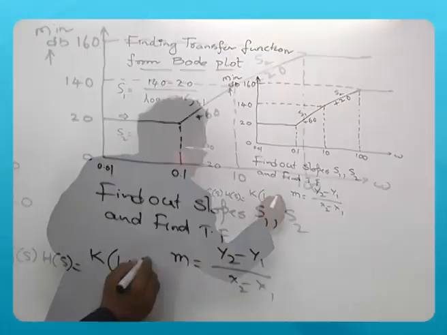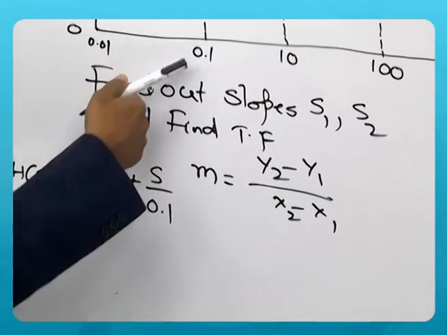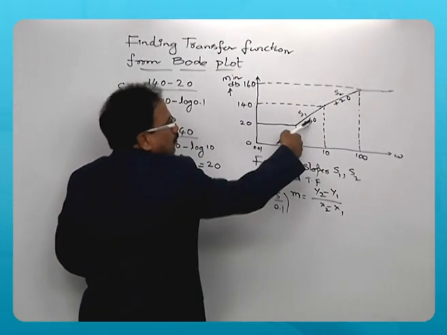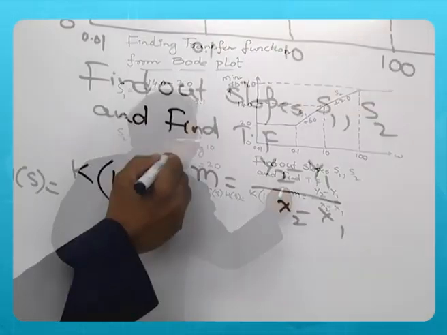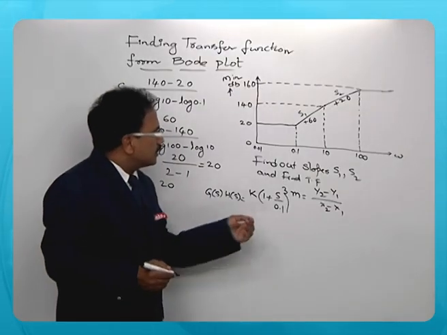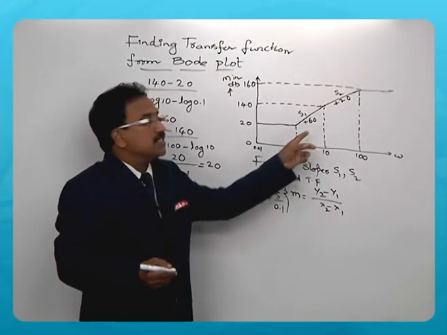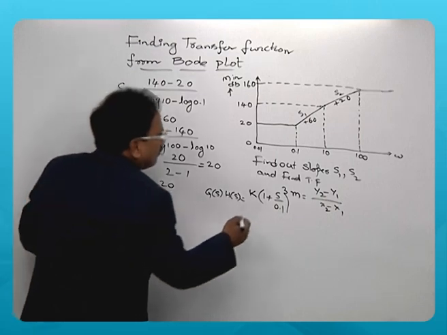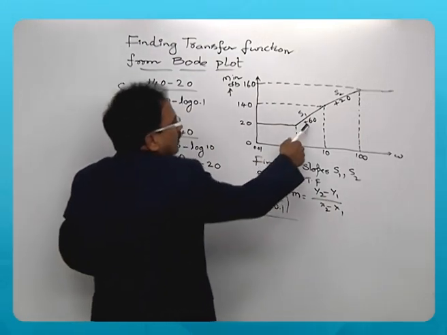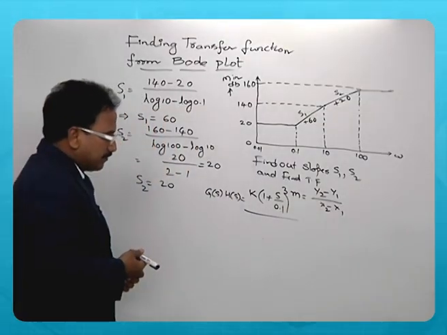So I must write 1 plus s by 0.1, which is the corner frequency for the zero, but being a slope of plus 60, I must write the whole power 3. So 1 plus s by 0.1 whole power 3, this 3 is because of plus 60, divided by, now there are, the plus 60 has become plus 20 from corner frequency 10.